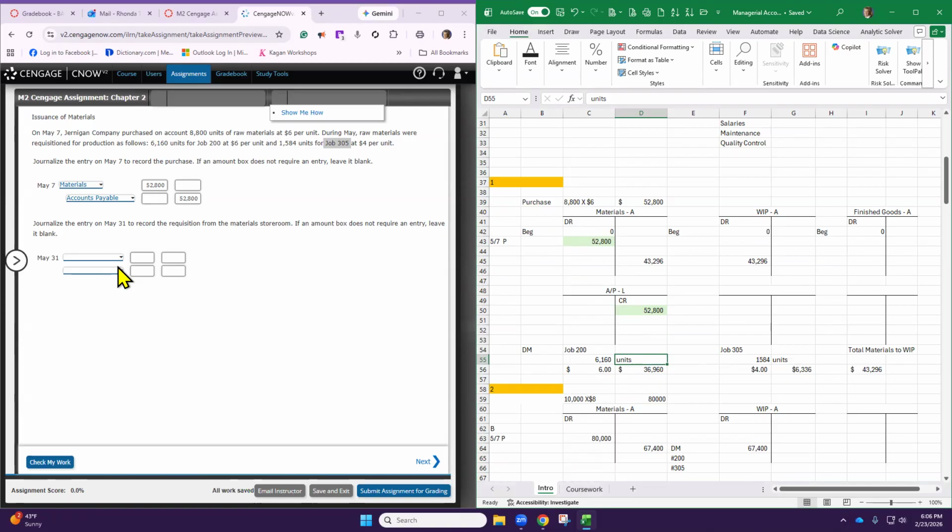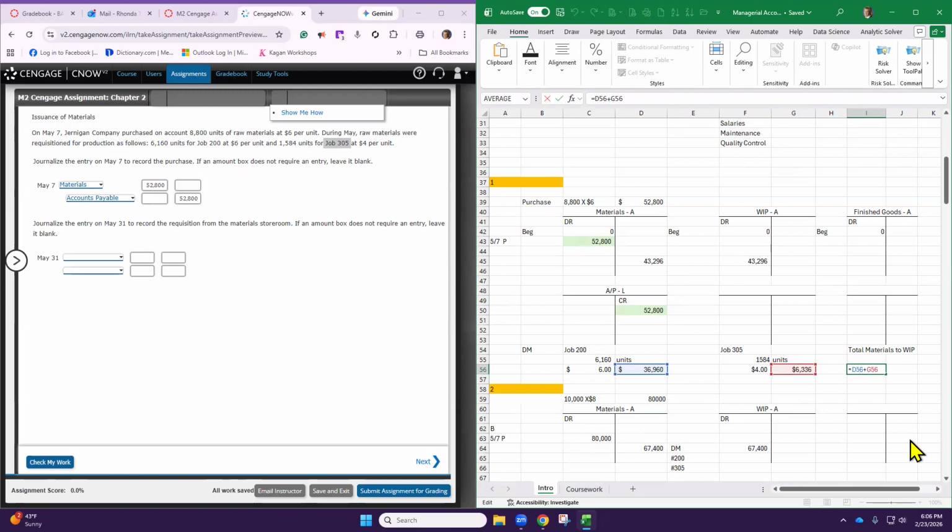Okay, all right, so $6,160 times 6 is $36,960, and job 305 has 1,584 units at a $4 price or cost, which equals, okay, so these two jobs are going to be added together.